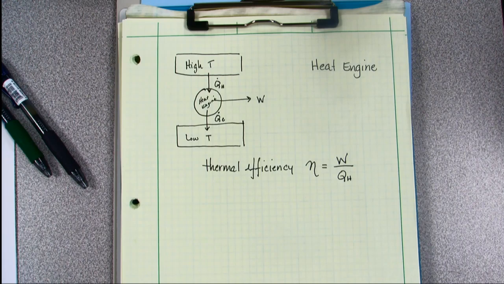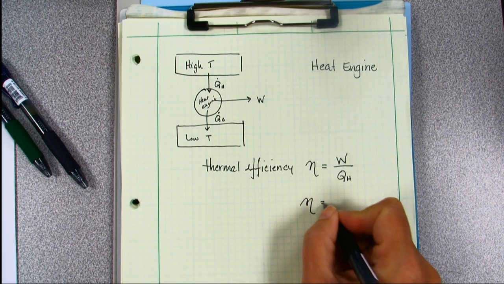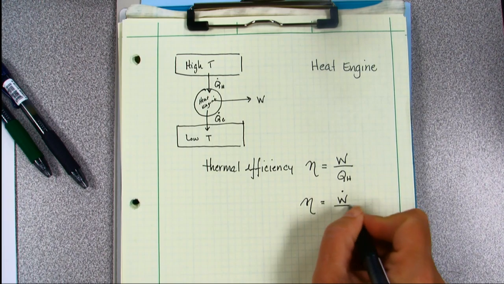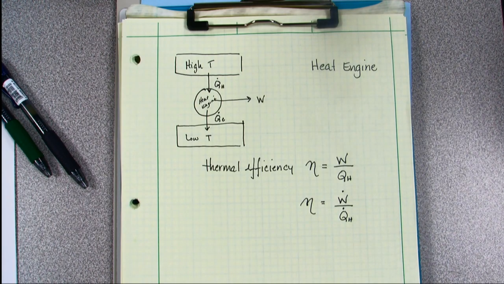And of course, we can do the same thing on a rate basis as well. And these are going to get us to our various cycles. We're going to start talking about different cycles that are out there.